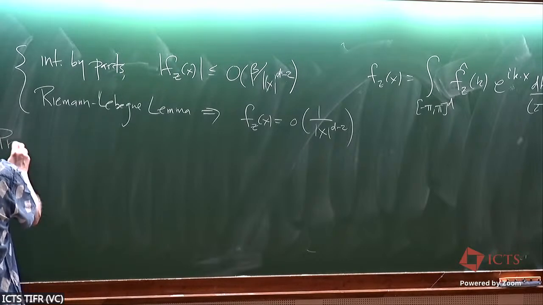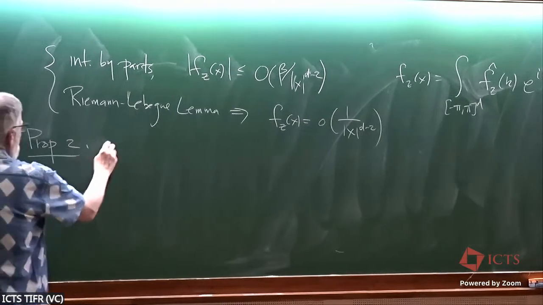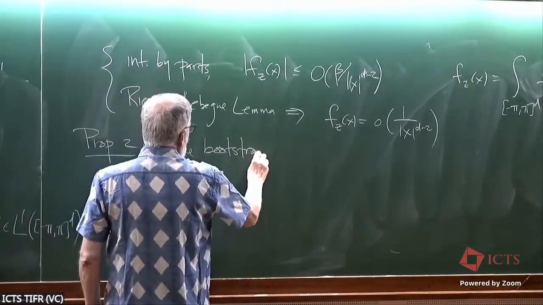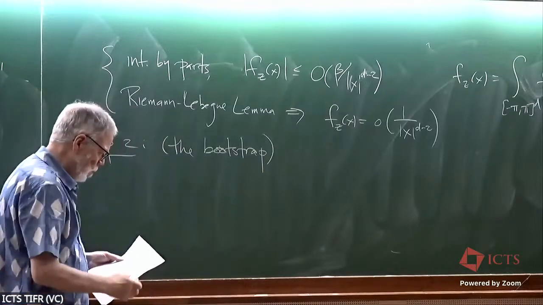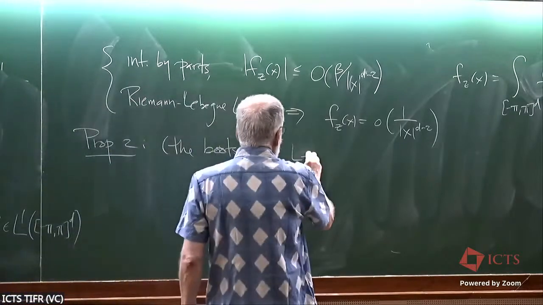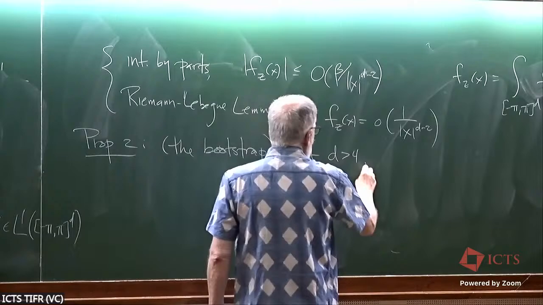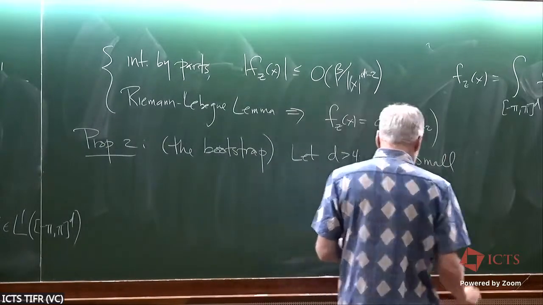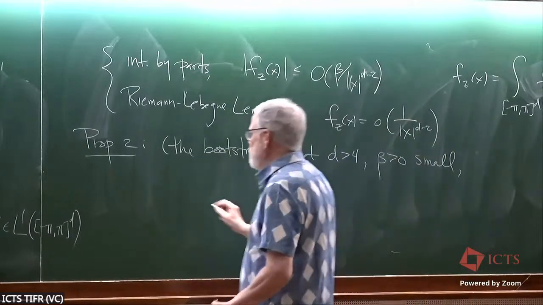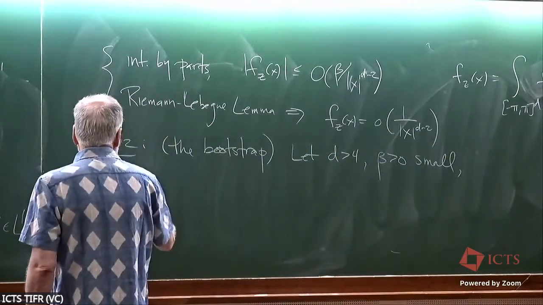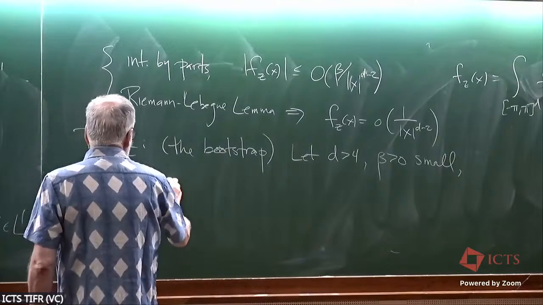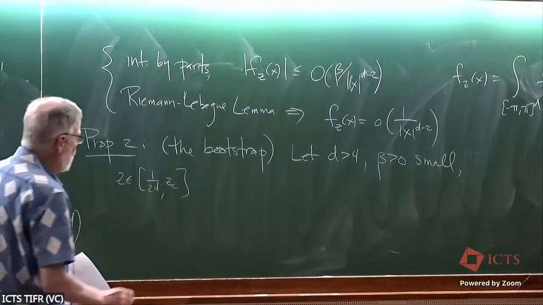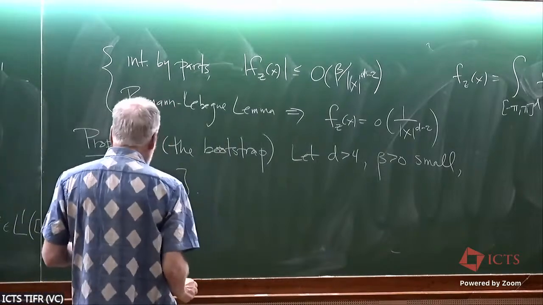Okay, so now I can come to proposition 2, which is where the bootstrap takes place. Let d be greater than 4, beta be small, and let z be something in between 1 over 2d and z_c.